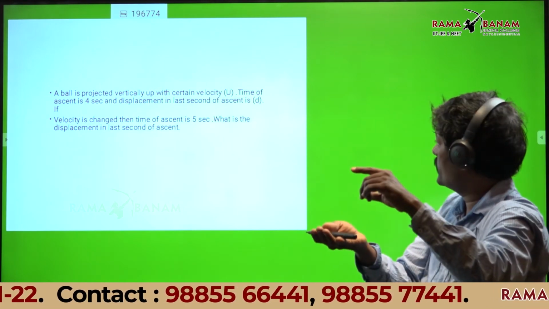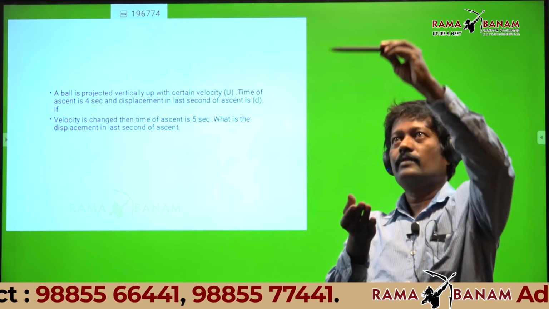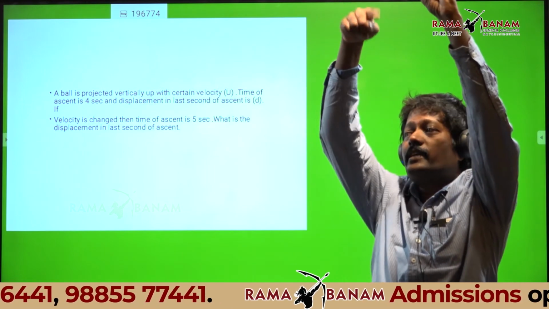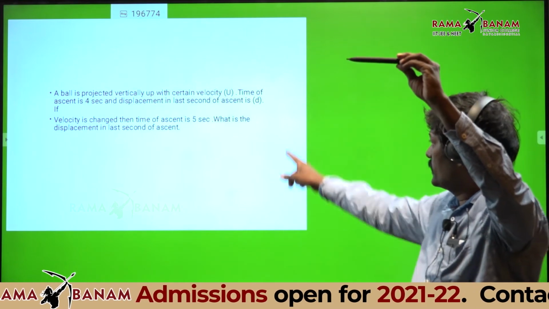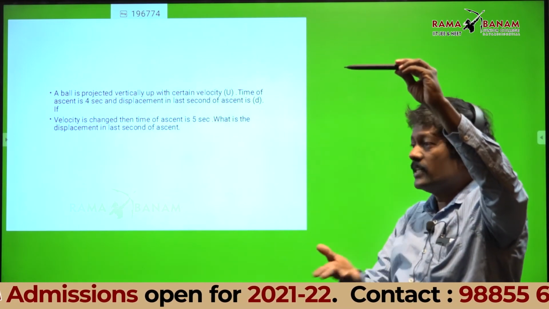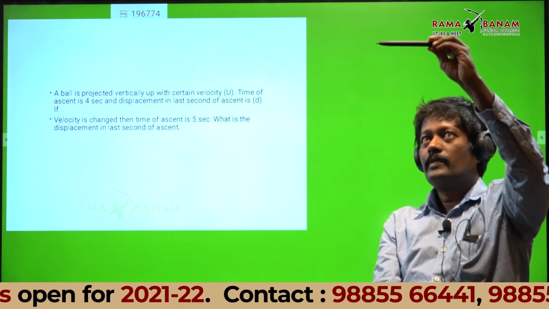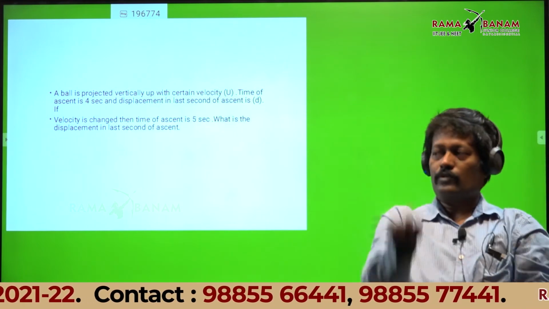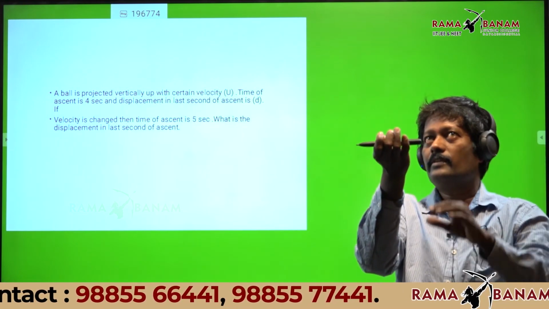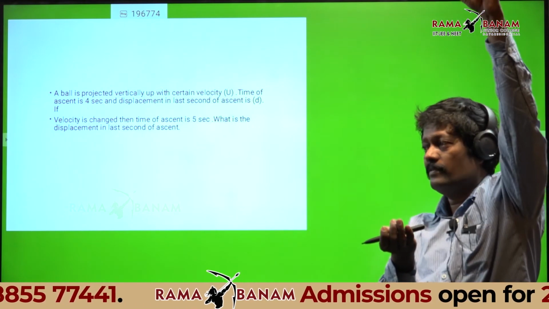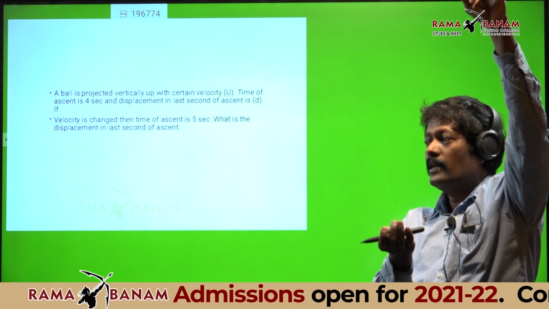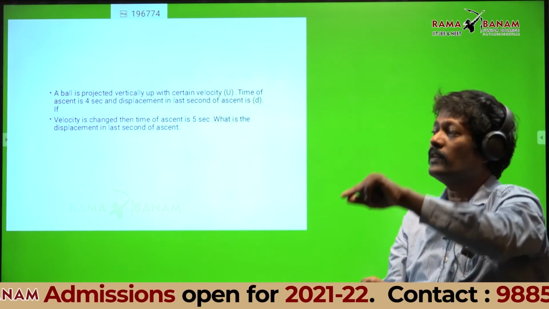The time of ascent is 4 seconds. In the last second it covered d, while going up. If I throw it with more velocity, time of ascent is 5 seconds now. In the last second, how much will it cover?